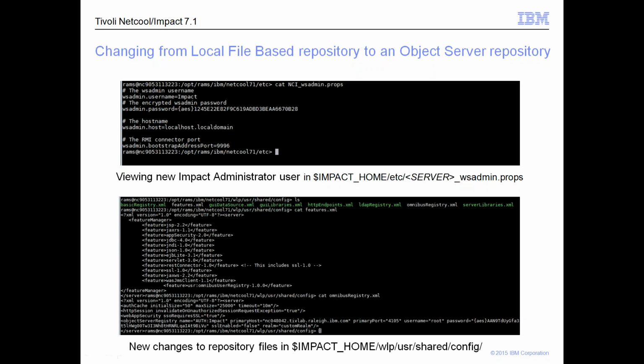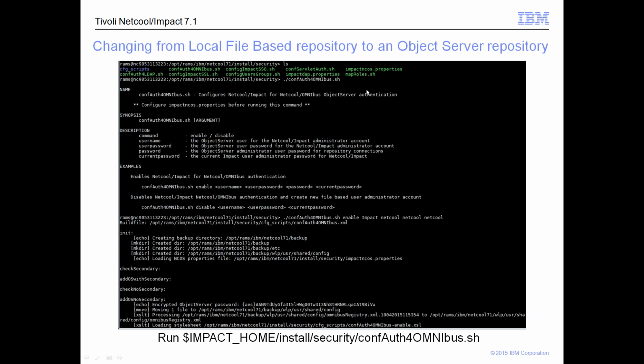You do need to define the roles, and that's done with the map role command. I haven't included that in this presentation, but it's in the same directory as where you do the configuration for the object server. It's this map role sh script.